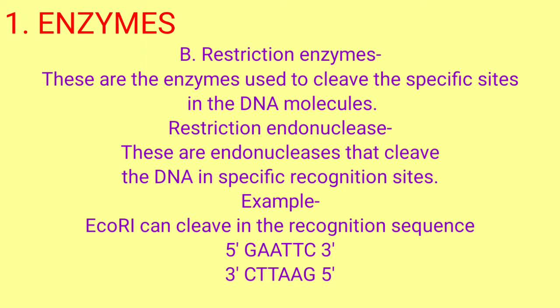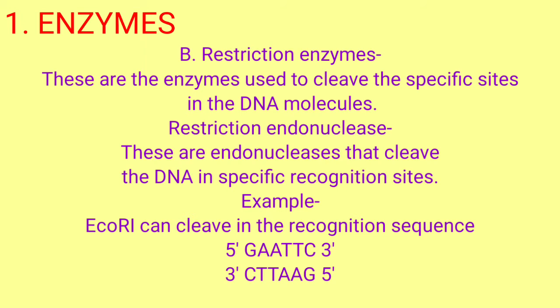So they recognize the base sequences at the palindromic sites in a DNA duplex and cut its strand. As you know, the restriction endonuclease cuts the base sequence at a specific site. Now here a word is added: these sites are called palindromic sites.